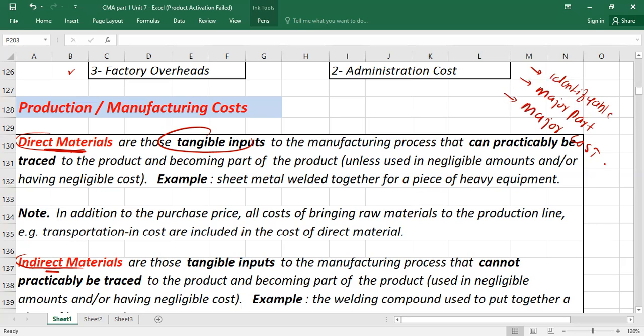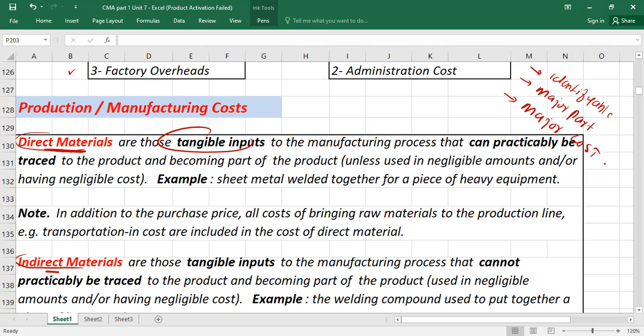Right? For example, you are stitching shirts. Thread may be identifiable. If you will use black thread on a white shirt, identifiable very easily. Major part, obviously, without thread stitching is not possible, right? Don't say we will use glue to stitch the shirt. Third is what?